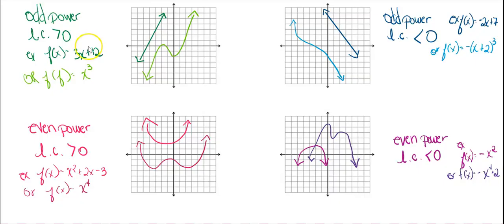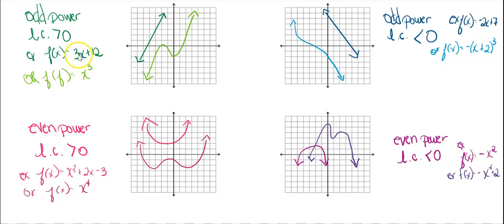So the green graph, now these equations, these functions are not exactly the equations of these graphs that I drew. I just made them up, okay? But I just wanted to show you that, for example, this dark green function is a linear function and its power is 1.